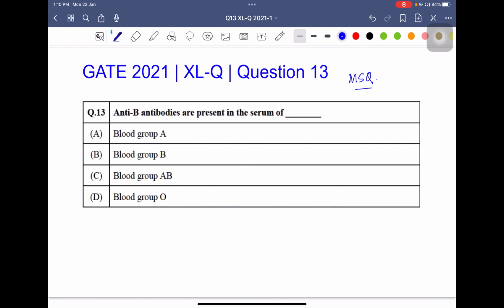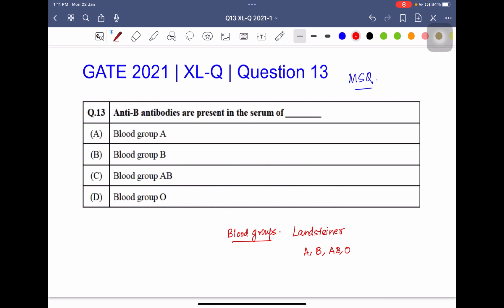Now we know that if we look at the blood group, that was discovered by Landsteiner, there are actually four blood groups.